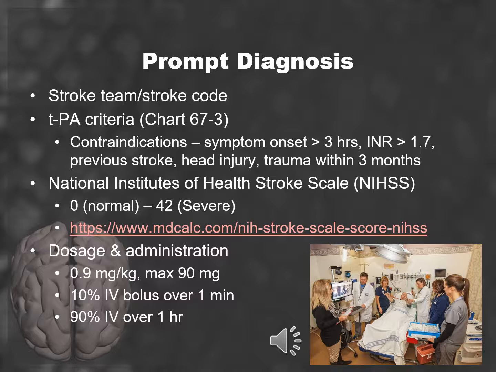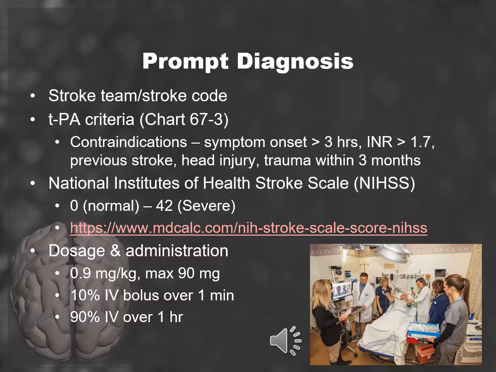Now, when we look at the dosage and administration of TPA, when someone's going to be a candidate for TPA, or once we have agreed that that is how they're going to be treated, there are always going to be 2 or more IV sites. And then dosage for TPA is 0.9 milligrams per kilogram with a max dose of 90 milligrams.